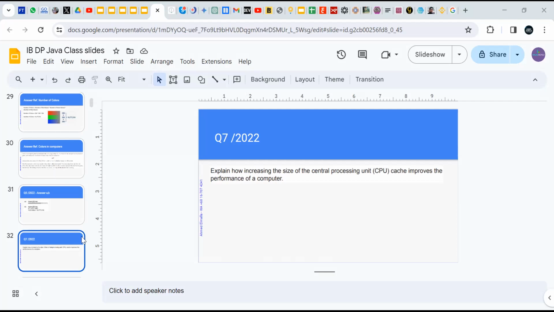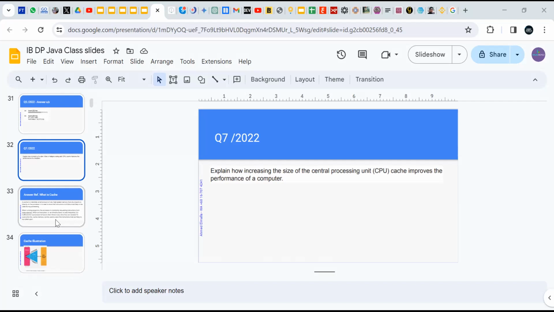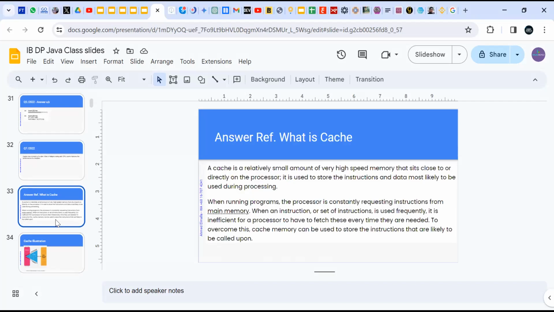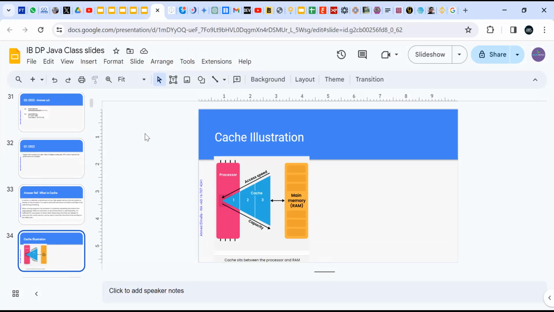That is excellent. And do you know the difference between different cache types? How many cache types do we have? I'm not sure. So we have L1, L2, and L3, and recently we started to have L4.